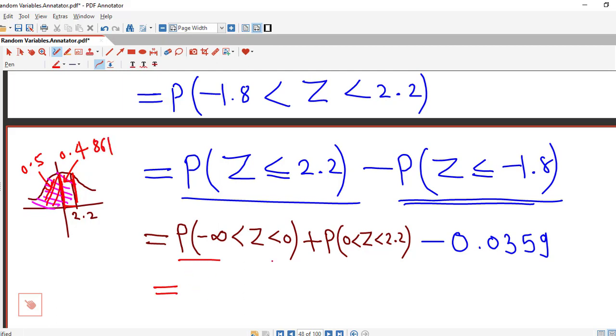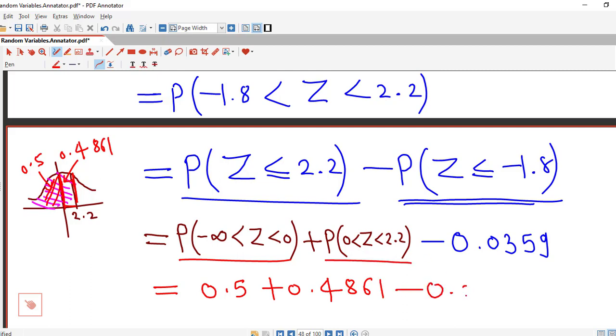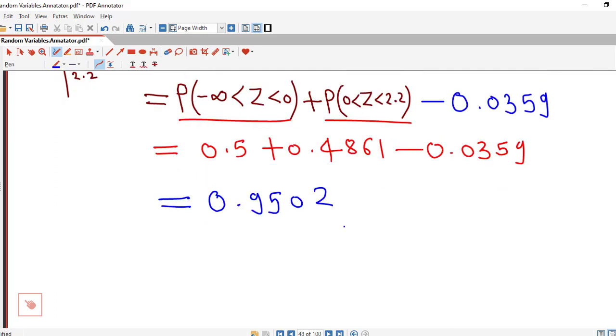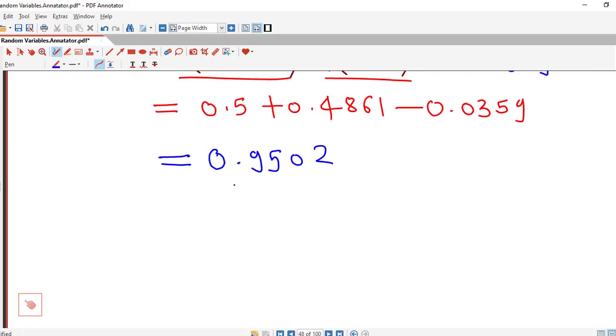So we can write this as 0.5 plus 0.4861, which is given in our question, minus 0.0359. If we simplify, this becomes 0.9502. So this is the probability that the height of a soldier is in between 138 and 198 centimeters.